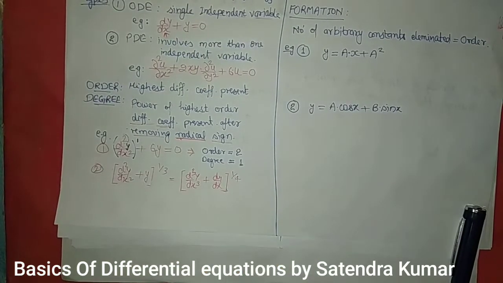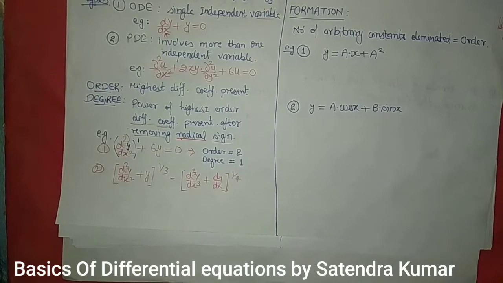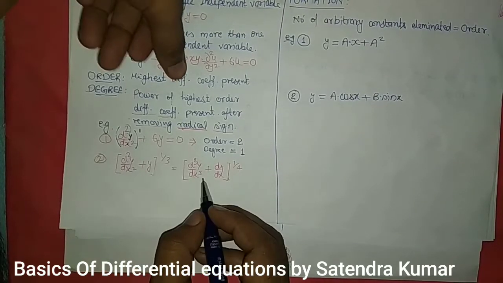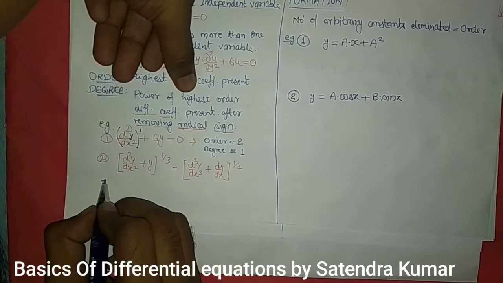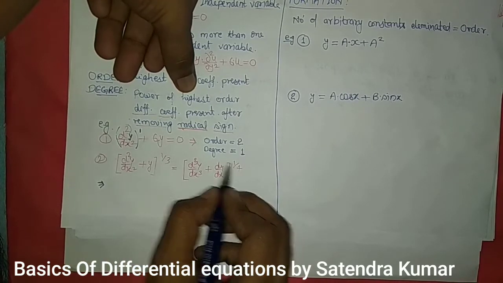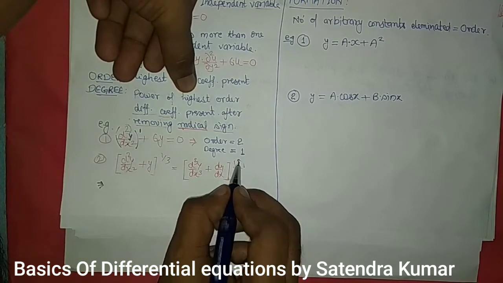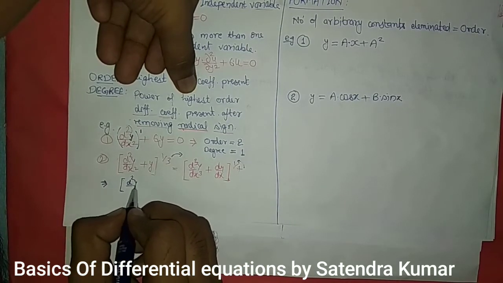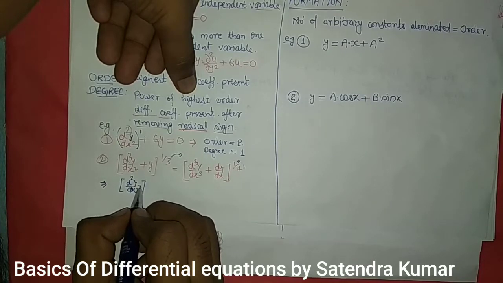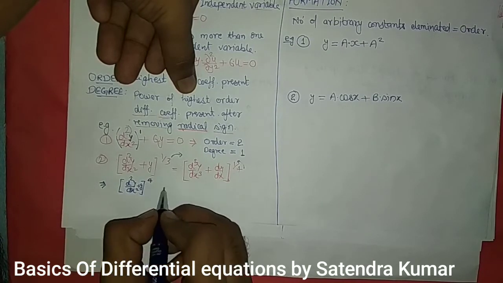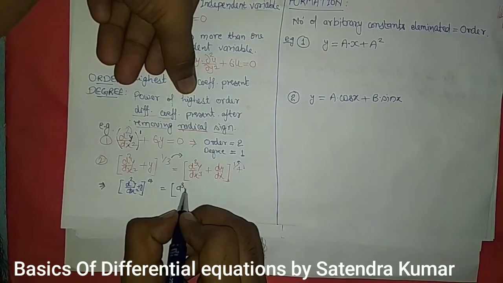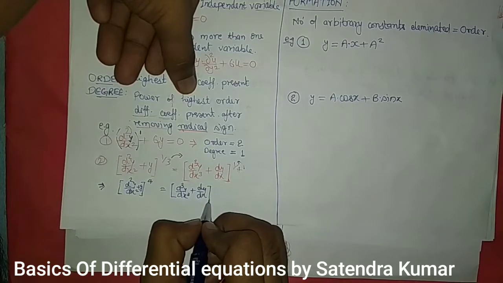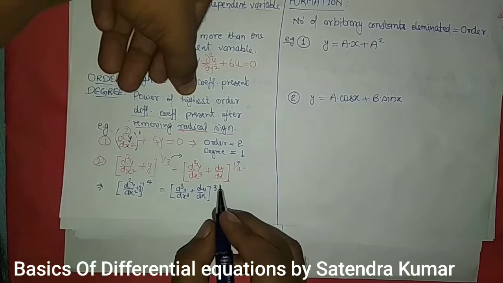So here we have to calculate the degree of the differential equation. So we rationalize the powers, and we multiply the powers by 4 here and 3 here. So it will be d2y upon dx2 plus y whole to the power 4 is equal to d3y upon dx3 plus dy by dx whole to the power 3 simply.